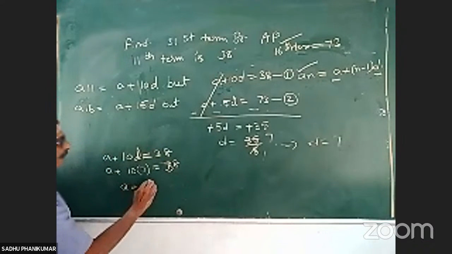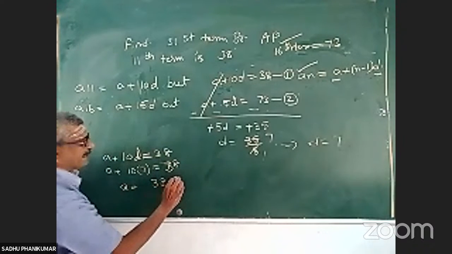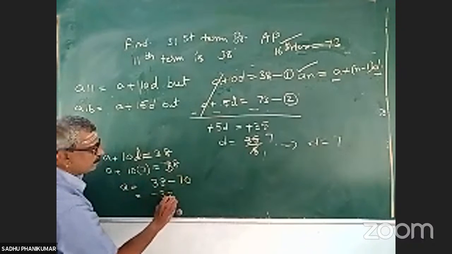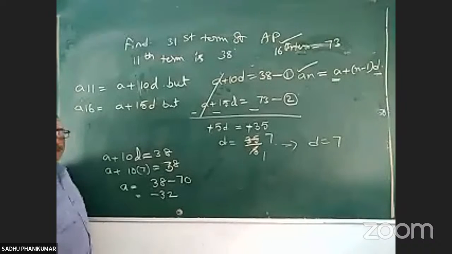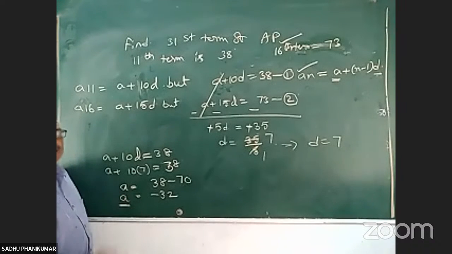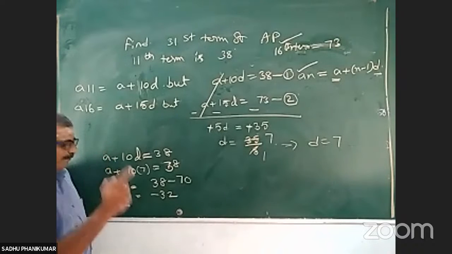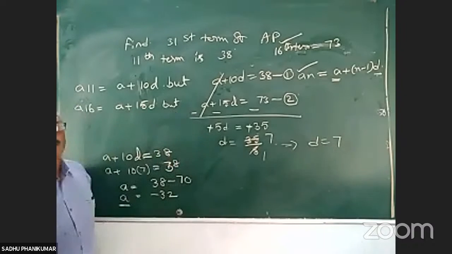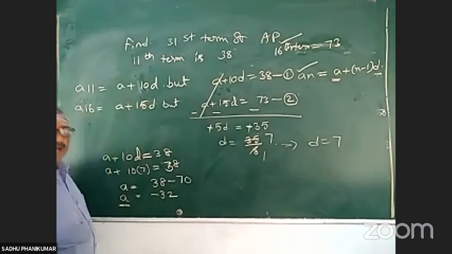A is equal to 38 minus 70, that is equal to minus 32. Now we have found the value of A, that is A1, the first term, and also D. Both values we found from the given conditions.